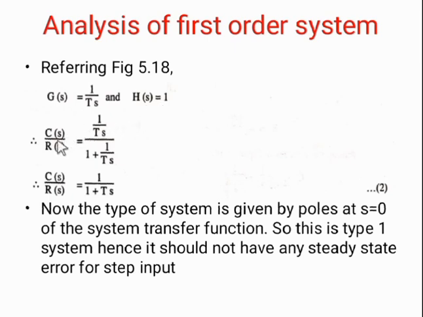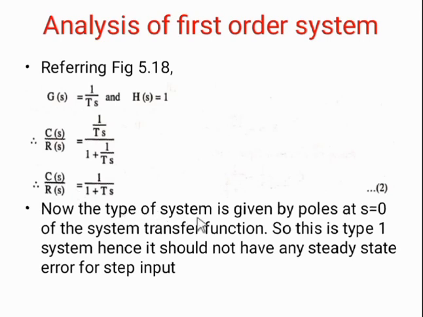So C(s) by R(s) equals G(s) upon 1 plus G(s)H(s), which is 1 over Ts divided by 1 plus 1 over Ts. If we solve this equation, we get C(s) by R(s) equal to 1 over 1 plus Ts. So this is the first order equation of the control system.